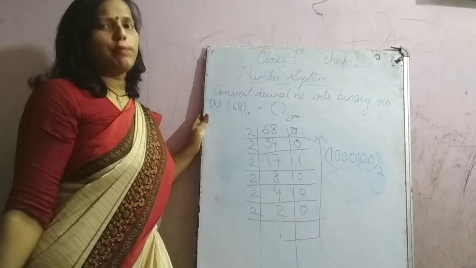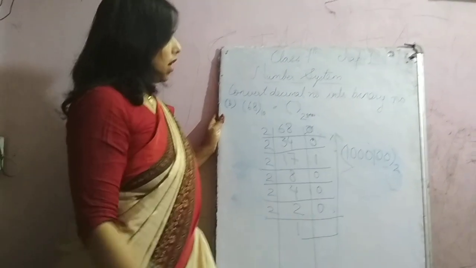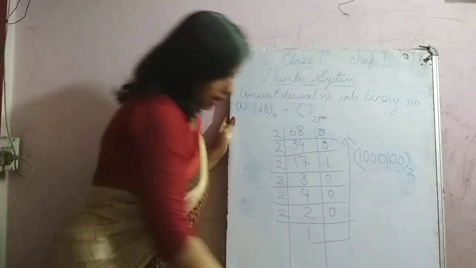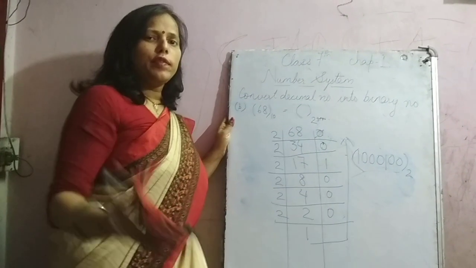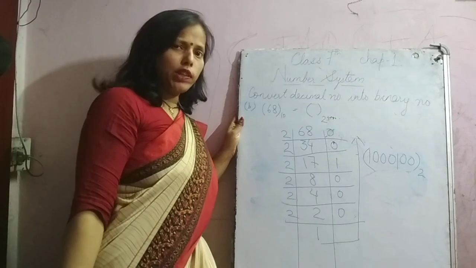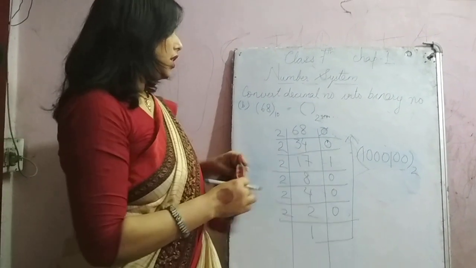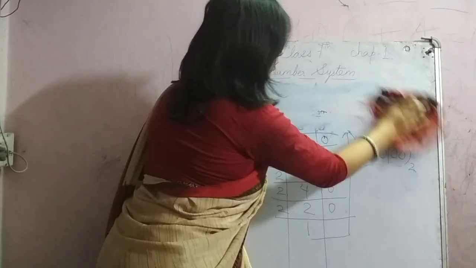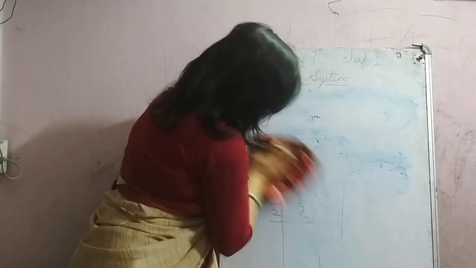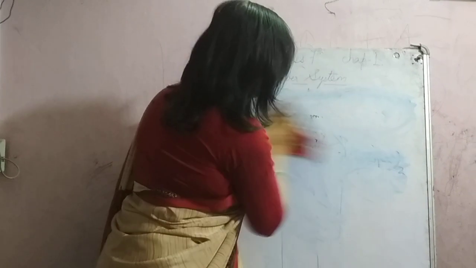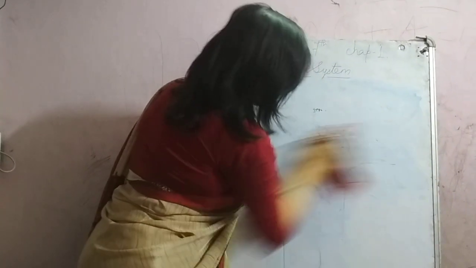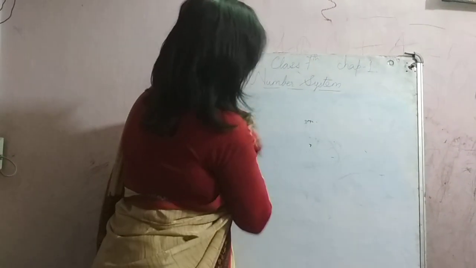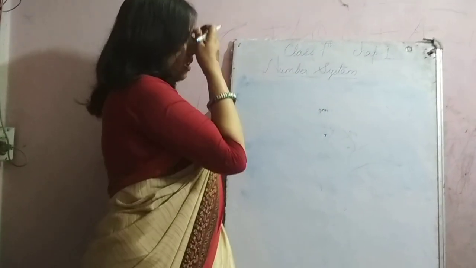Now the second point is binary. How to add the binary number. Now to add the binary number, we have to create one table. After that you can understand it very easily. Okay, let's erase it. Okay.